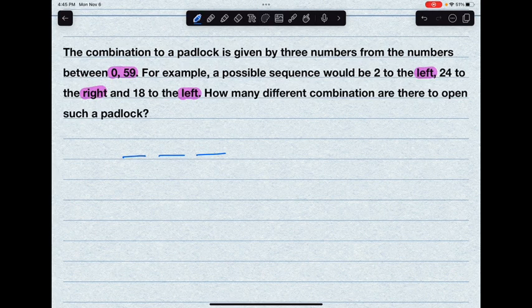So that means for example, it can be 2 to the left, 2 to the right. Okay, so these 2 can happen twice or 3 times. So for the first one, how many numbers can we try? It's 60, any of these numbers between 0 to 59. For the second one it is also 60, and the last one 60. Order, we have repetition, so it's 60 to the power of 3.